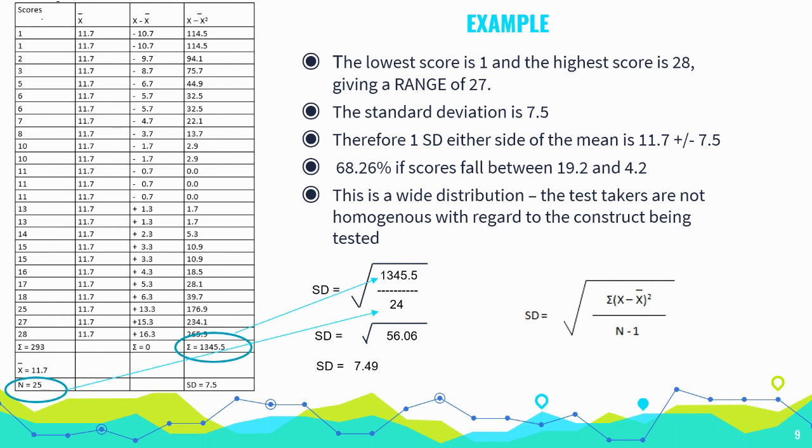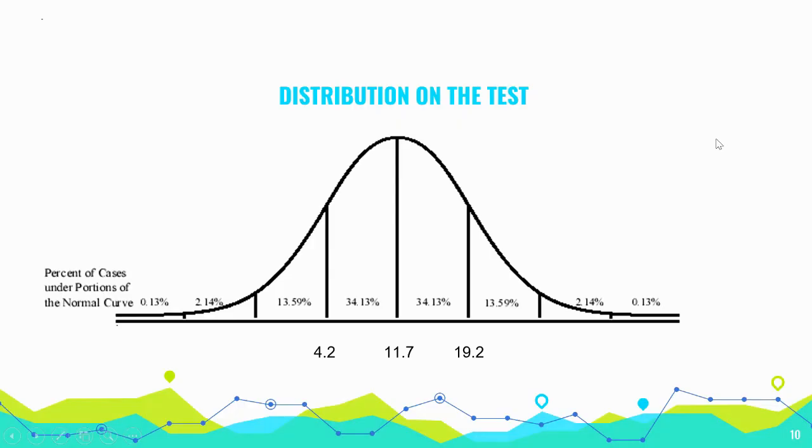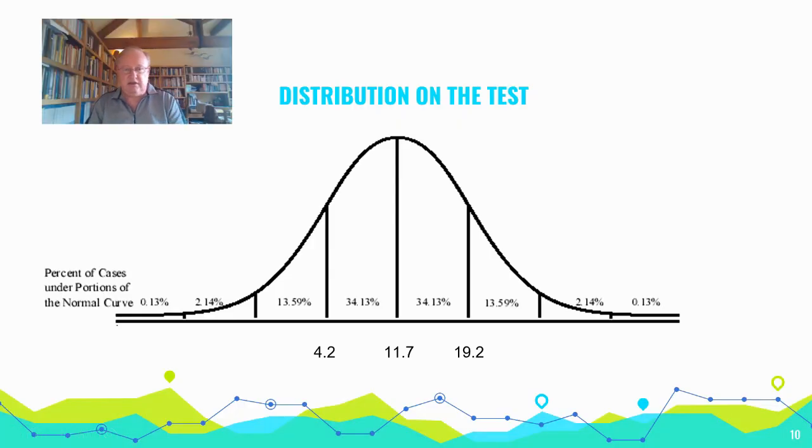Now, just so that you understand this bit about the 68.26% of scores falling between 19.2 and 4.2, because that's the mean plus or minus the standard deviation, look at the distribution on this test against a curve of normal distribution.